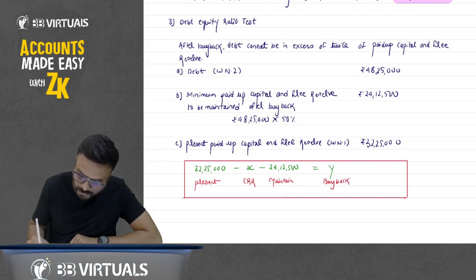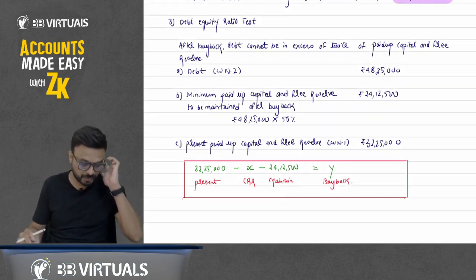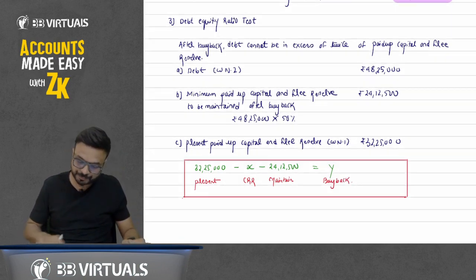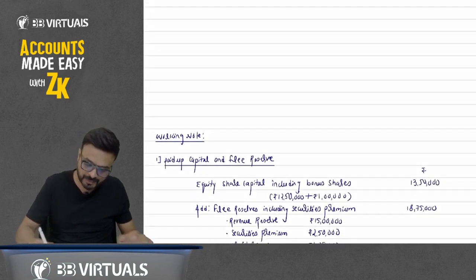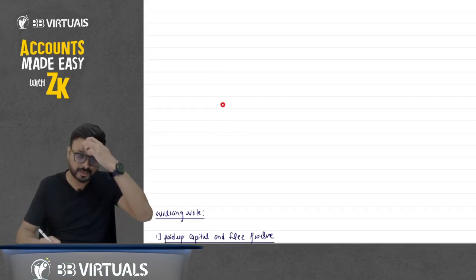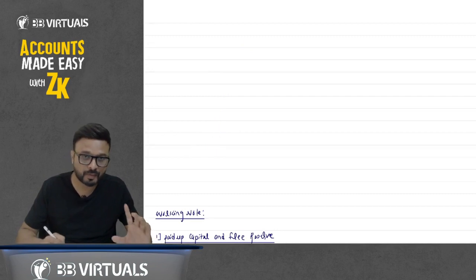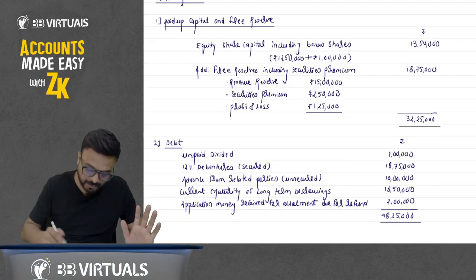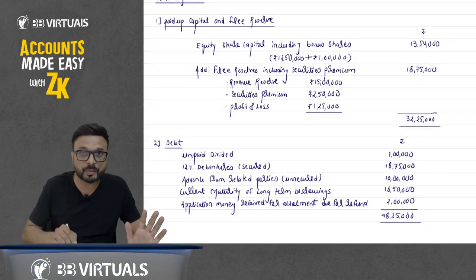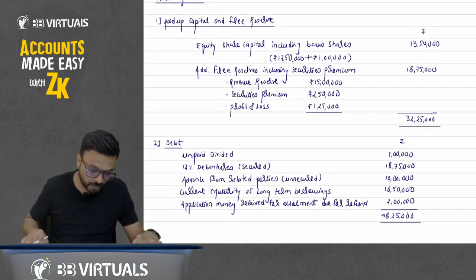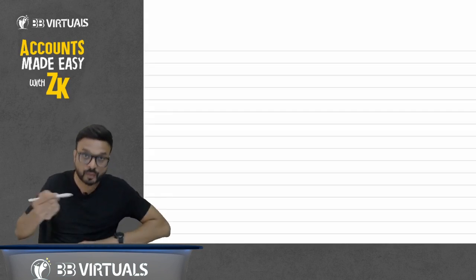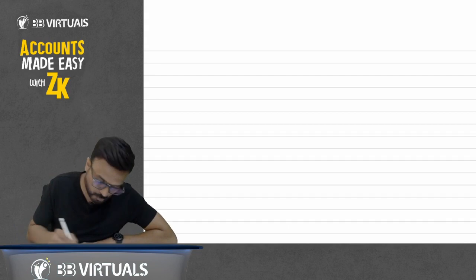So we have to solve an equation for it. Keep this space here, there should be space for 8-10 lines, because we will write one note also here. So prepare your note: working note number 1, working note number 2. Now below working note number 2, write down working note number 3.